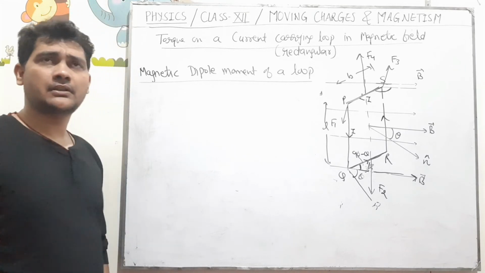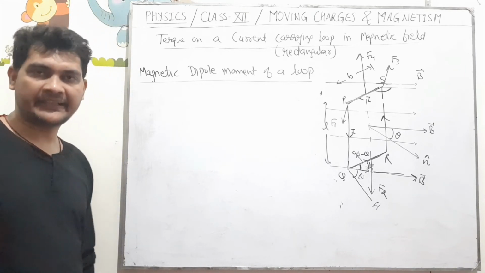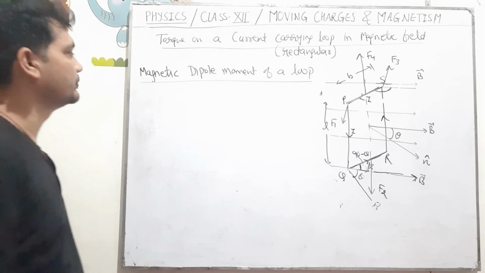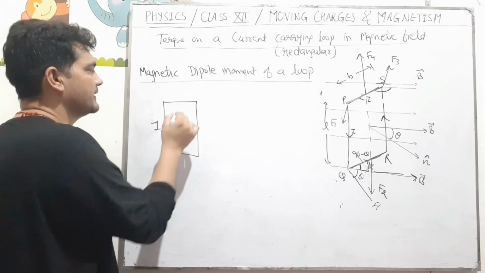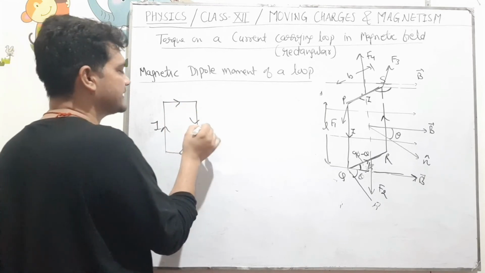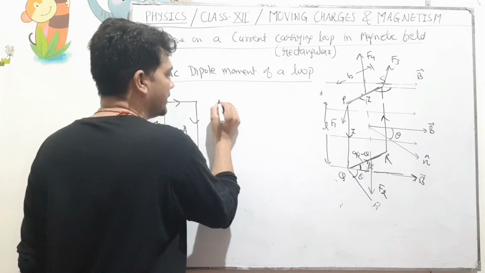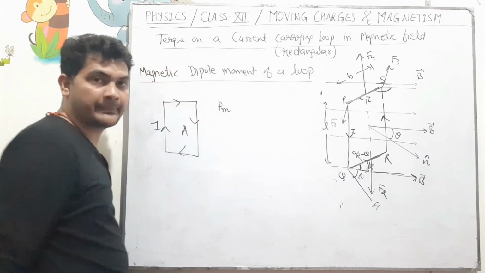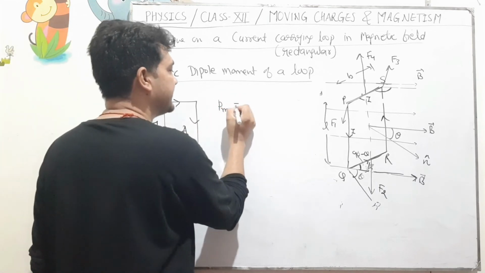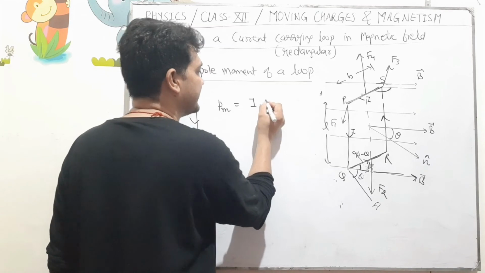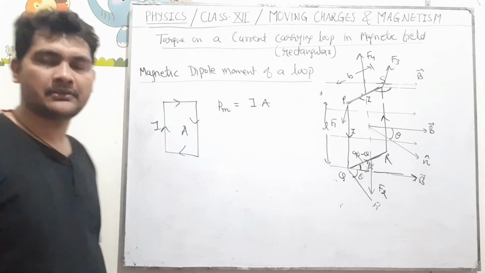Like we have electrical dipole moment of an electrical dipole, similarly, we have magnetic dipole moment of a current carrying loop. Suppose this is a loop carrying current I, and the area of this loop is A. Then we have magnetic dipole moment expressed by PM. P means magnetic dipole moment, M means magnetic, and it is equal to current multiplied by area.